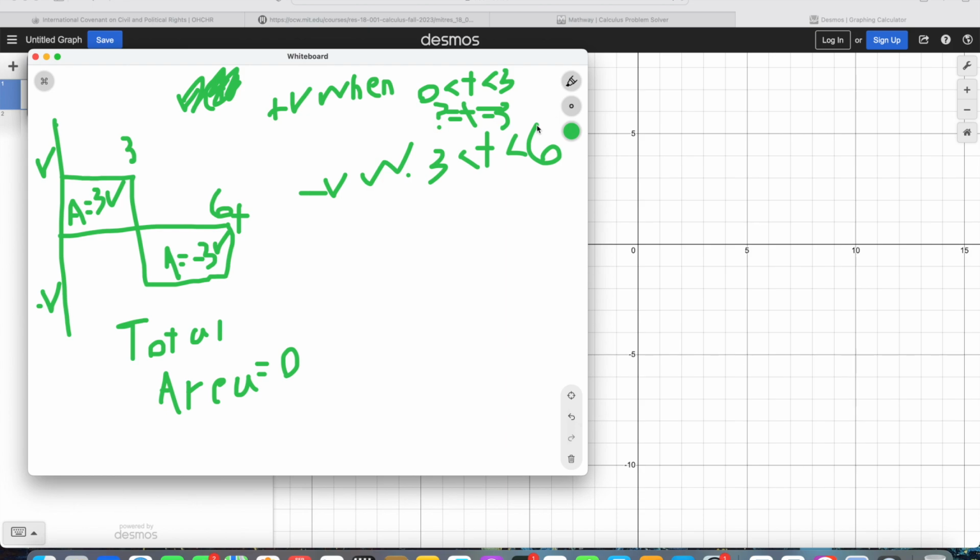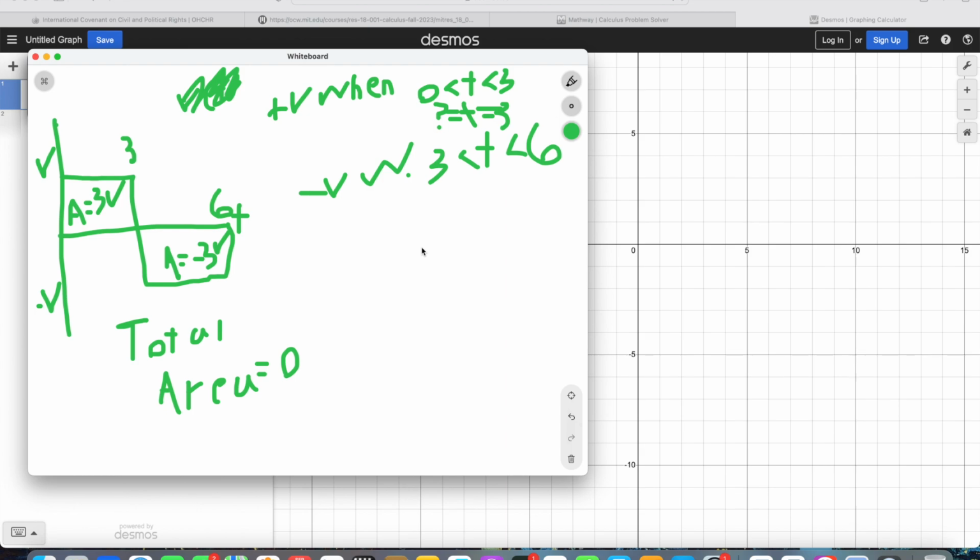He's not moving at 0, 3, or 6. You see it's going up at 6, but he's not really moving forward at 6. So it can't be less than or equal to 6; it can't be 6, it can't be 3, and it can't be 0. So it'll be negative velocity between 3 and 6, positive velocity between 0 and 3, and undefined at 3, and it's a discontinuous function.